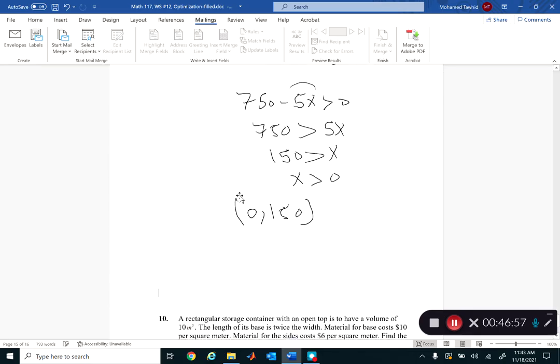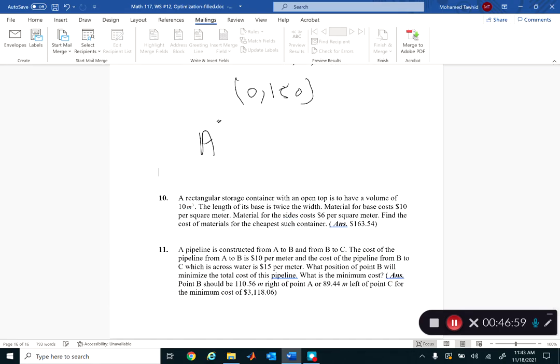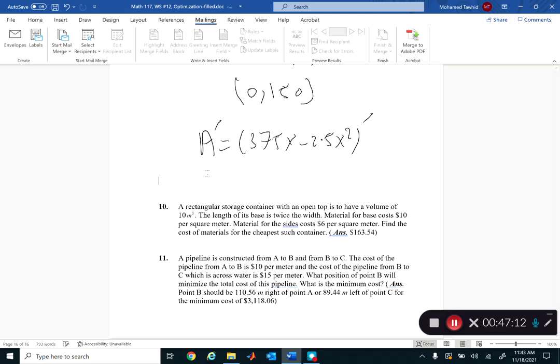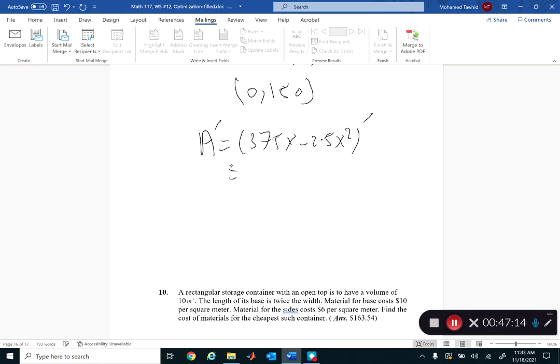So the derivative A prime, of 375x minus 2.5x squared, will be 375 minus 5x.